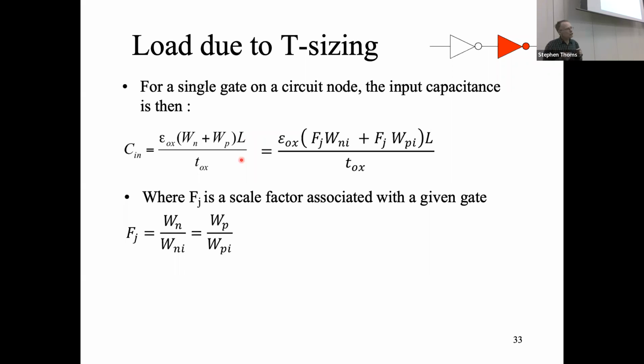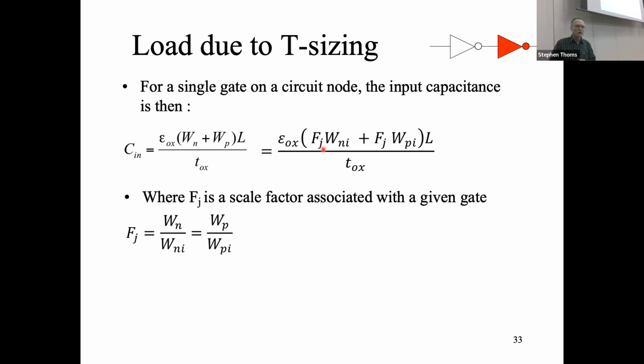What I've introduced here is a scale factor F, so Fj. The reason you've got a J there is that we can have many different gates on the load if you've got a large fan out. So each one has its own scale.